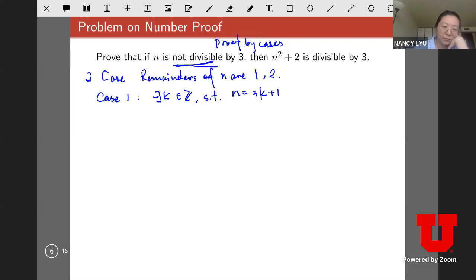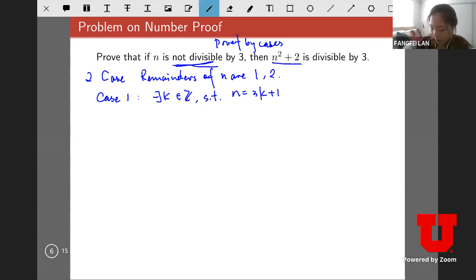Okay, let's keep going. So we have n is equal to 3k plus 1. What we want is n squared plus 2 is divisible by 3, right? When it's divisible by 3, we want it to look something like 3 whatever. So we have n squared plus 2, which substituted in gives us (3k plus 1) squared plus 2.